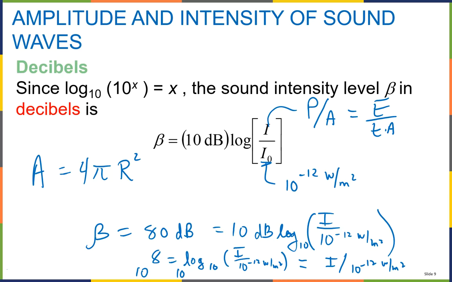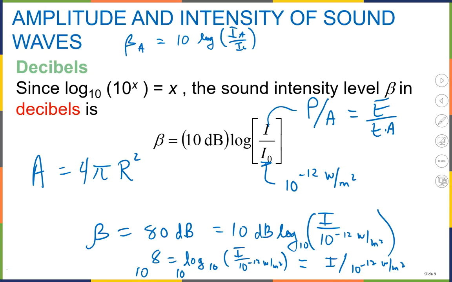Well, I can just take the relationship. So beta for Aaliyah is equal to 10 log of intensity Aaliyah over I0, right?